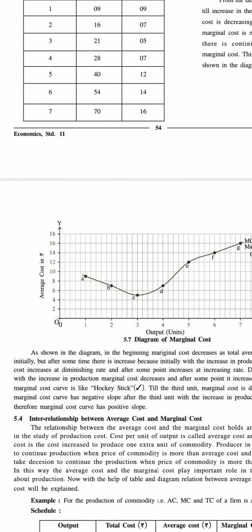So from A to C there is a downward trend initially, and then after that it starts increasing, that is from C to D, and then it goes on increasing comparatively more rapidly. So initially the marginal cost curve is like a hockey stick. So the average cost was like a U-shape, the marginal cost was like a hockey stick.